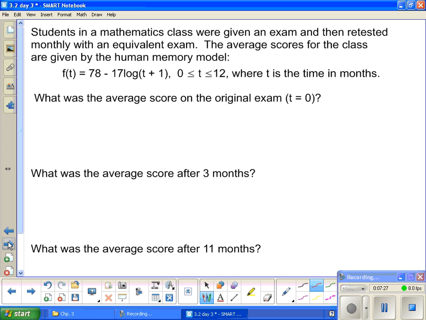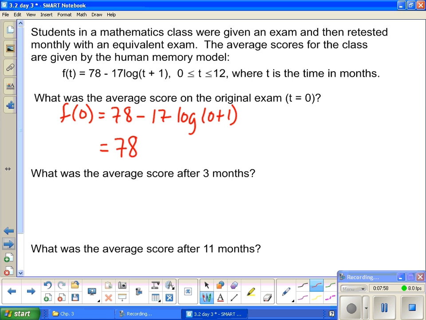So what was the average score on the original exam? t is 0, so we want to find f of 0. 78 minus 17 log of 0 plus 1. So I'm going to put this into my calculator, and you'll end up with 78. So the average score on the original exam, when t was 0, is 78.